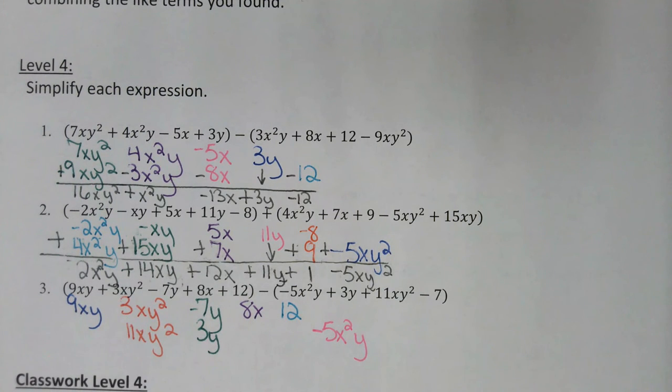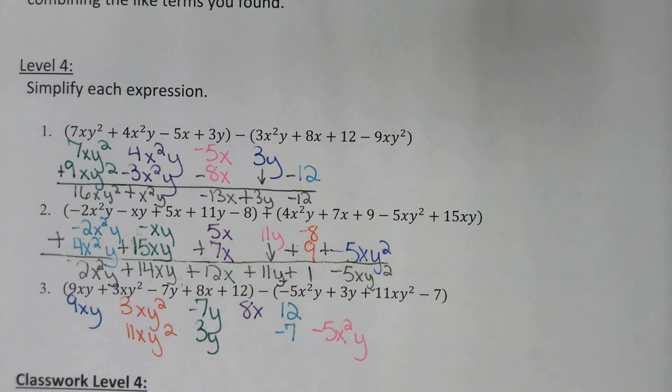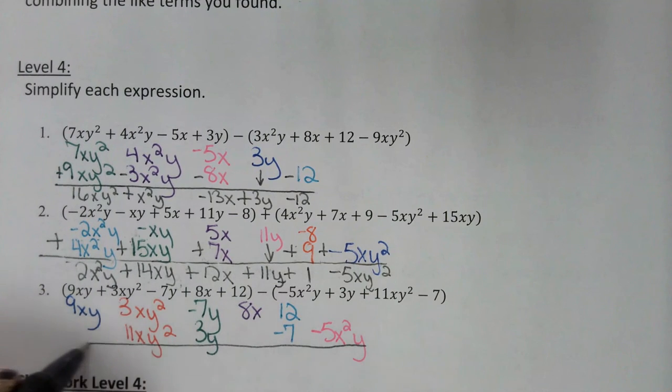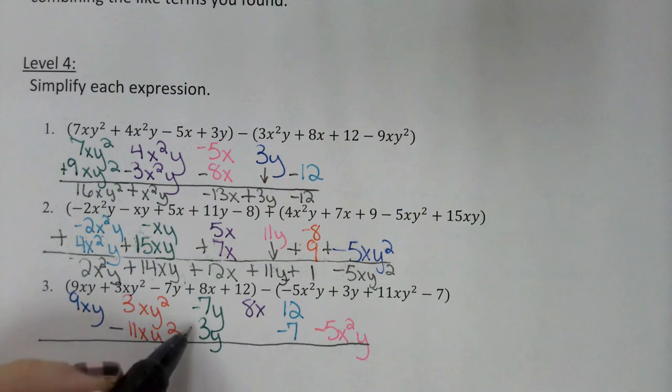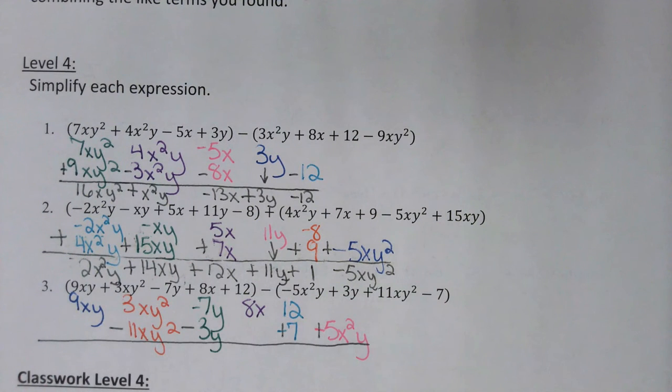And the negative 7 can go underneath the 12. This time we're subtracting. So a subtraction symbol goes in front of each, which makes my negatives turn to positive.